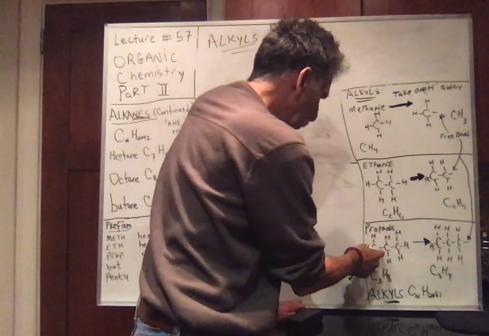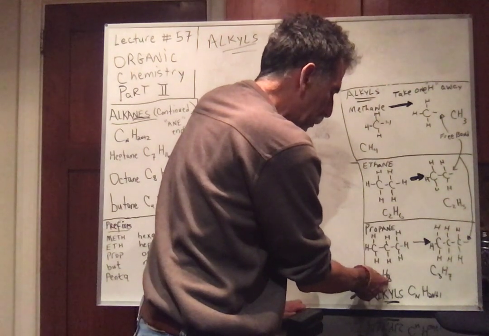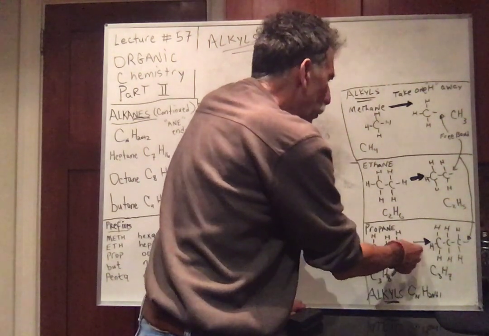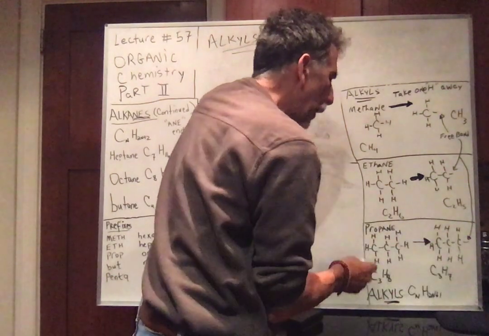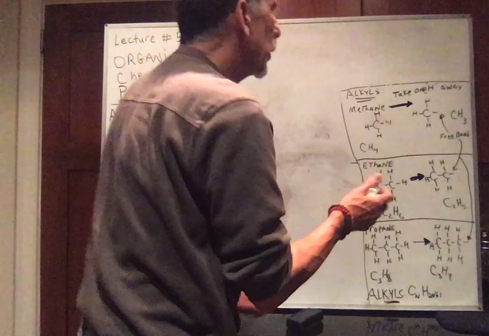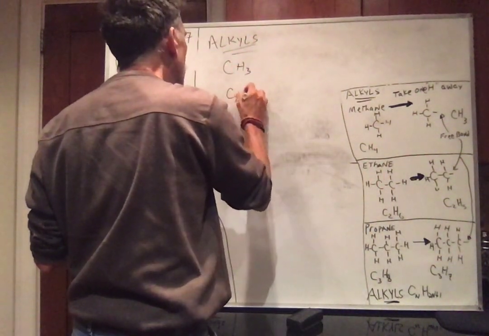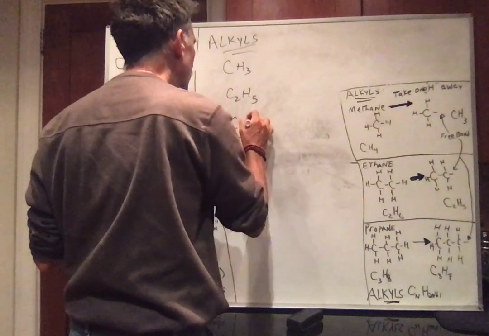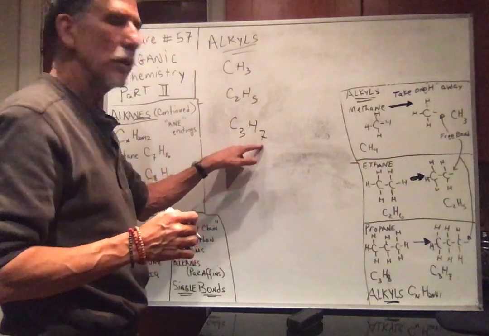Propane, 3 carbons, C3H8, 2 times 3 is 6, plus 2 is 8. Once again, take a hydrogen away, and now we have C3H7. If we look at CH3, C2H5, C3H7, notice the second number is odd.